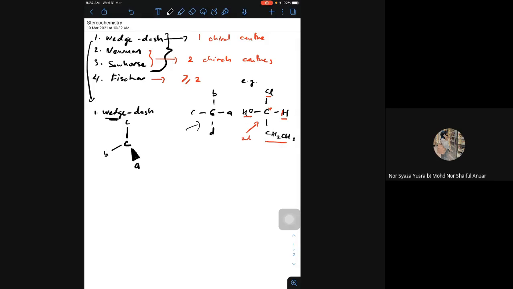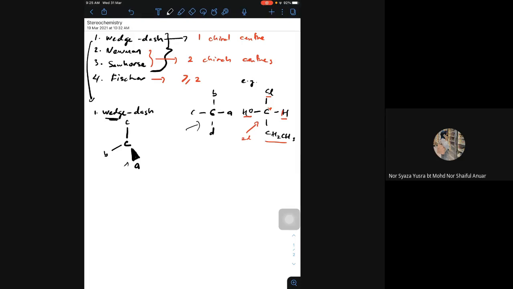Then we also have another bond. It must have 4 bonds. So that one also requires a wedge bond, shaped like this, but that bond is pointing away from you, to the back.